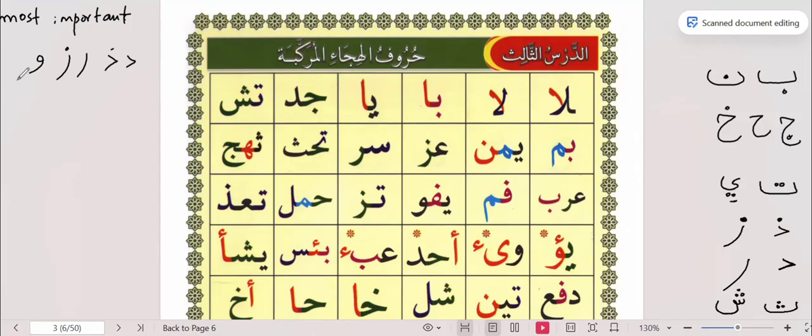These are the five letters which will never join to the following letter. They do not join with the following letter.